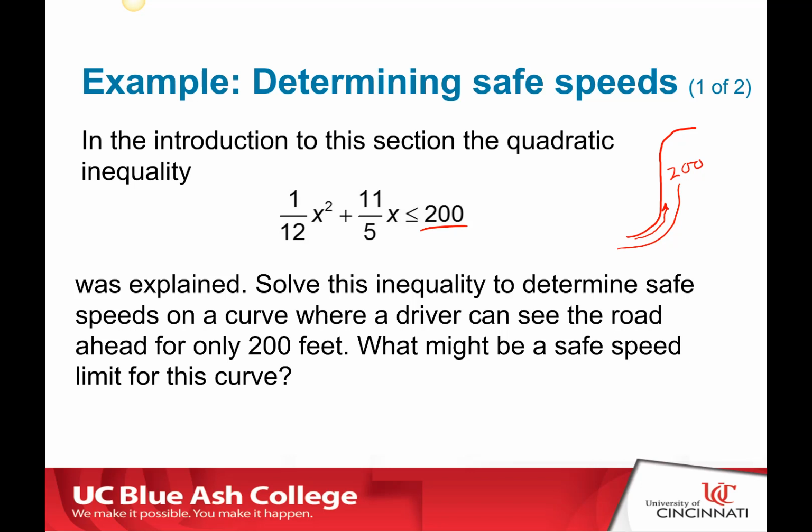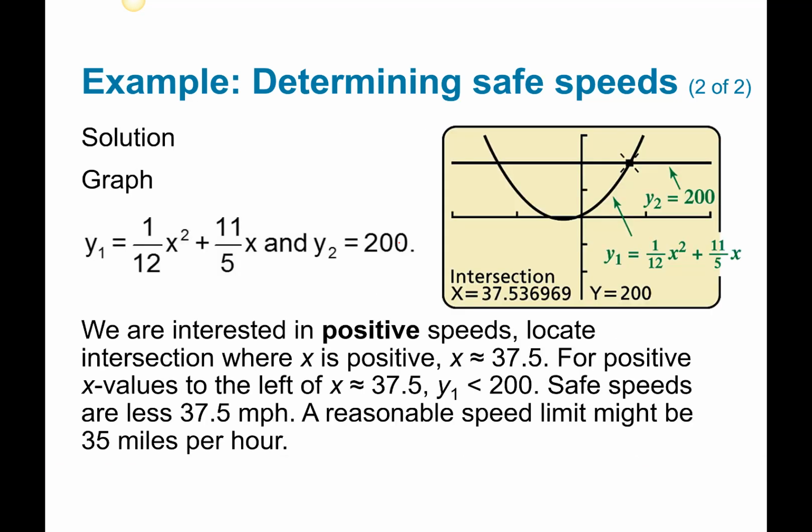Okay. Well, what we want to do is look at speeds, got less than 200 feet, and solve that. And if you solve this, there are a couple ways to do this. One way is to do it graphically. And if you're going to do it graphically, you want to graph two different functions.